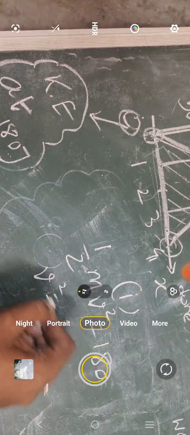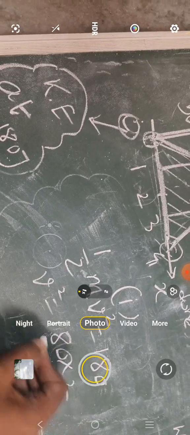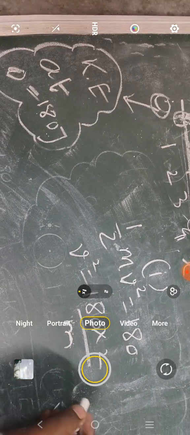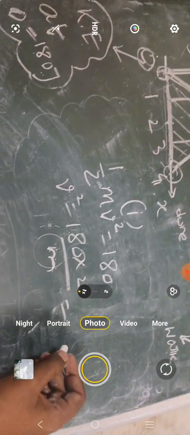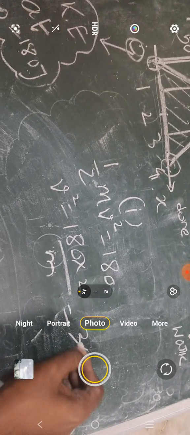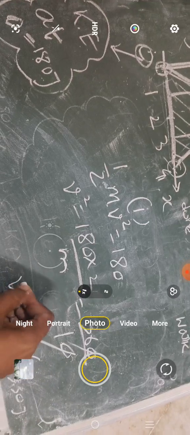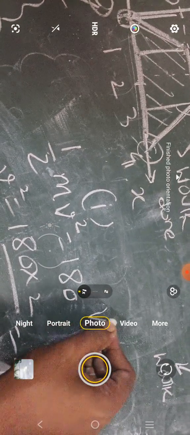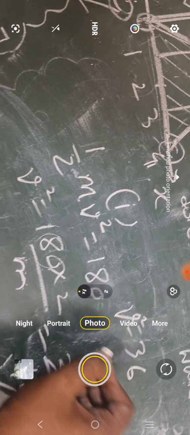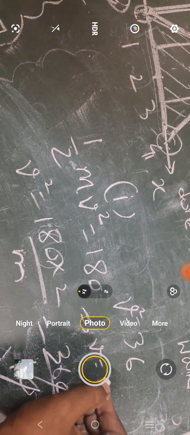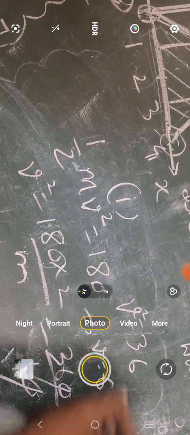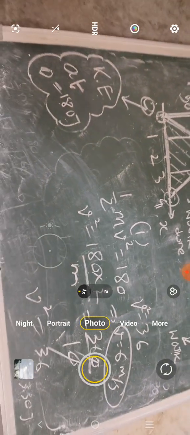So v square equals 180 into 2 by m. The mass value is given, 10 kg. 360 by 10 is 36. V square equals 36, so V equals root 36, that is 6 meter per second.